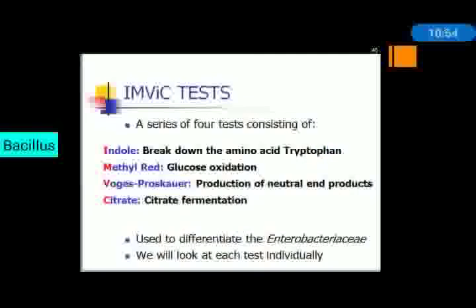The IMViC test is a series of 4 tests: indole, the breakdown of the amino acid tryptophan; methyl red, glucose oxidation; Voges-Proskauer, production of neutral end products; and citrate fermentation. They are used to differentiate the Enterobacteriaceae group, and we will look at each test individually.